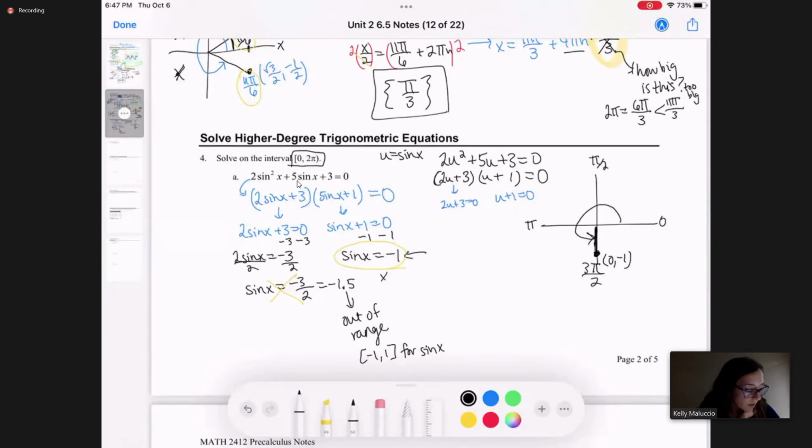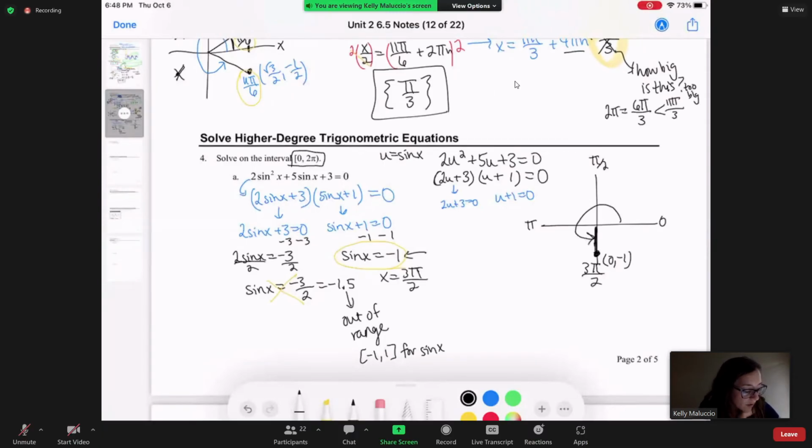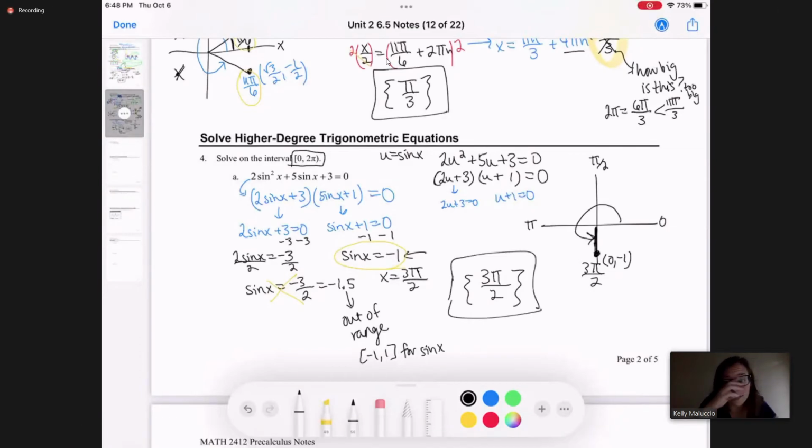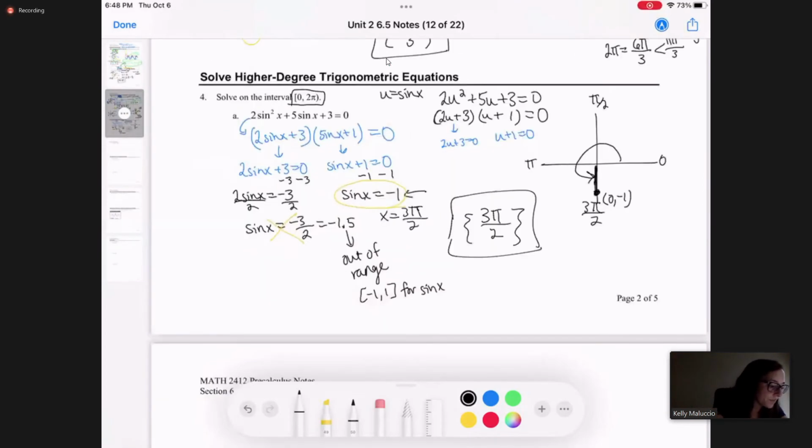So x is 3 pi over 2. There's only one solution to this, and it's 3 pi over 2. To this complicated looking equation, there's one nice solution, and we figured it out. It's kind of cool.